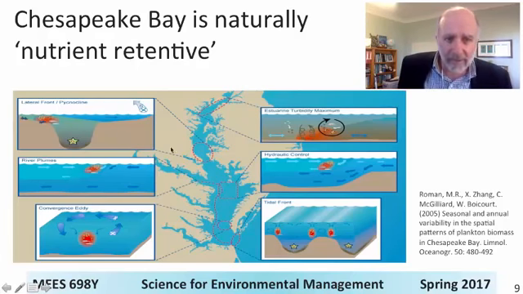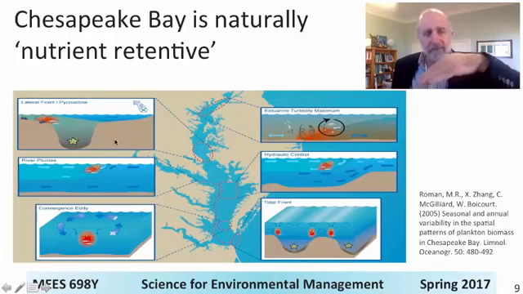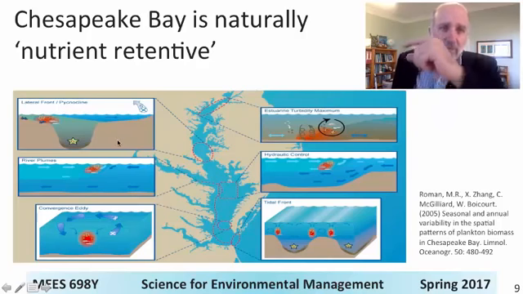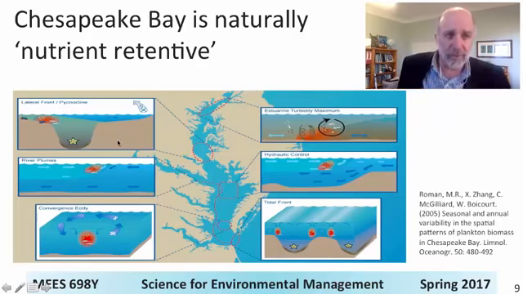A lateral front that occurs with the pycnocline. The pycnocline is the density difference between the warmer, fresher water and the cooler, salty water underneath. And it can tilt depending on the wind direction. And as such, it can create a front when it's tilted in one direction.